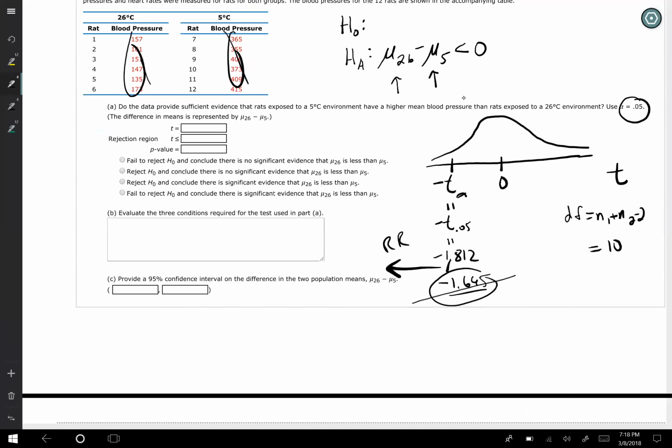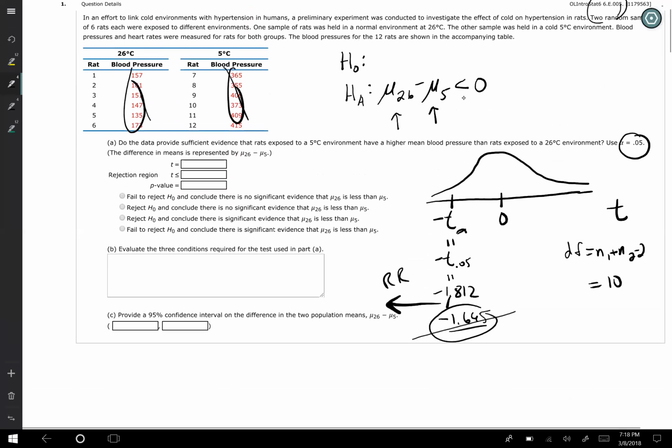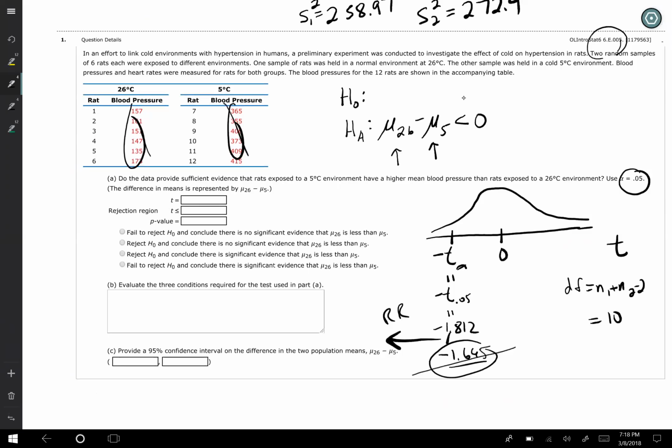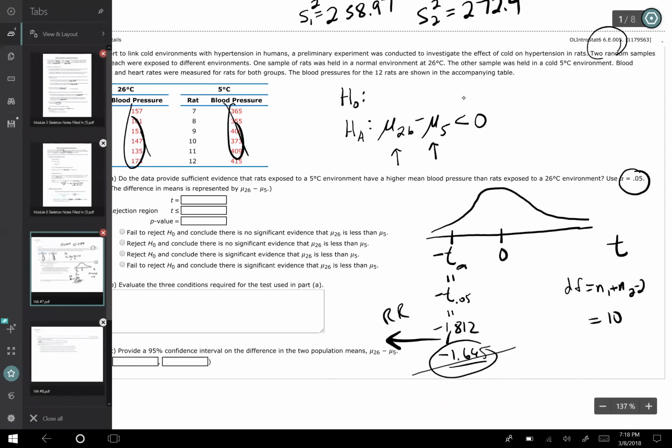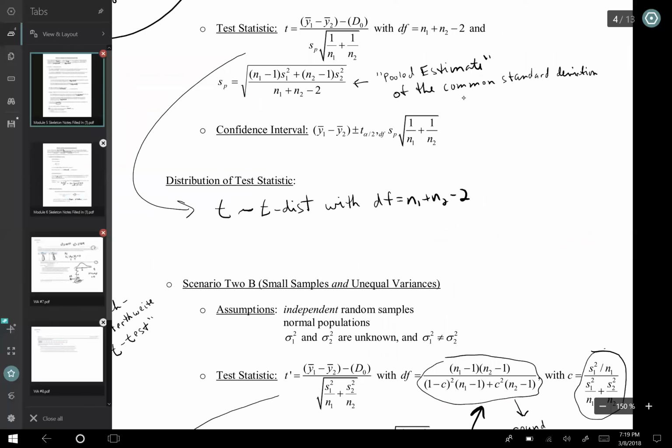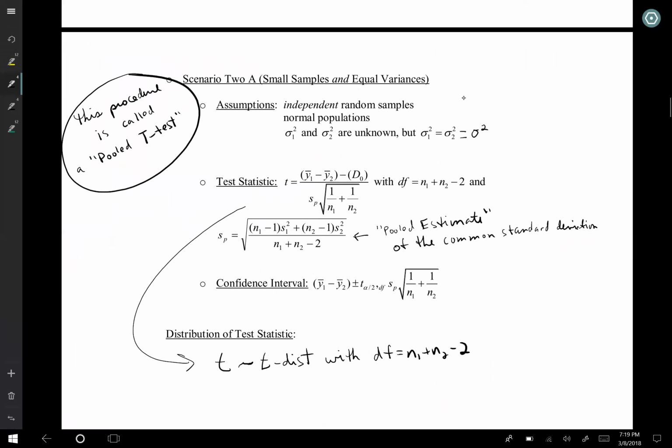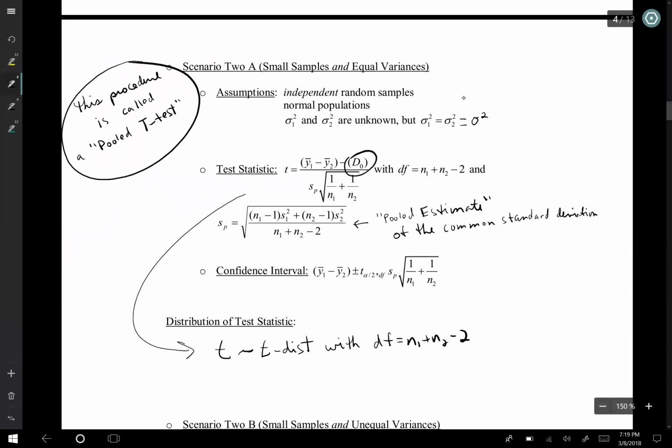Sure. And I did want to ask you, when you were setting up the alternative hypothesis, I understand that we're doing mu 26 minus mu 5 because we're trying to find the difference in blood pressures. And I understand that 0 is D naught, but what is D naught? So you're referring back to this quantity here.